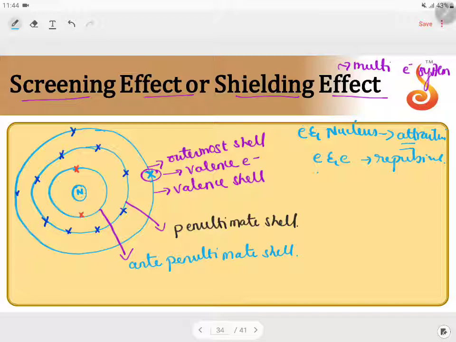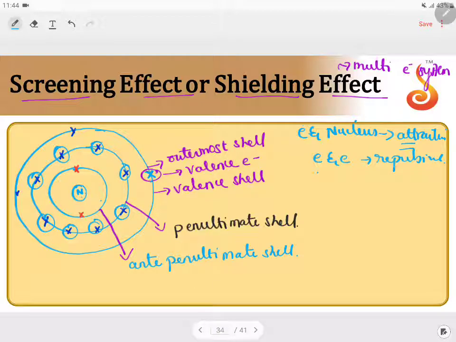How much the nucleus can control them depends on the penultimate and anti-penultimate electrons, which are known as inner electrons. These electrons are there in a given orbital or subshell.